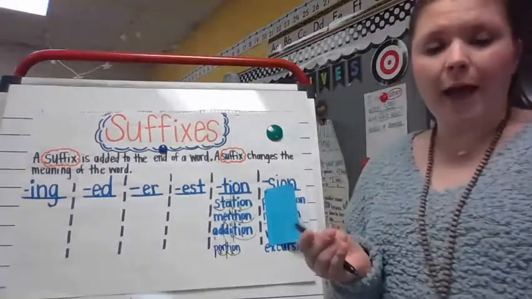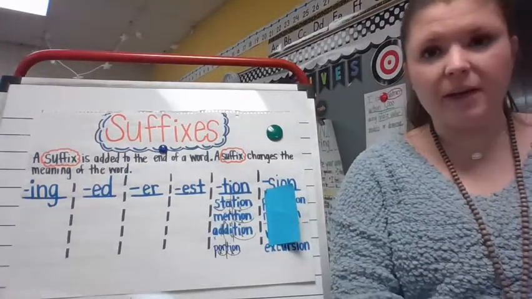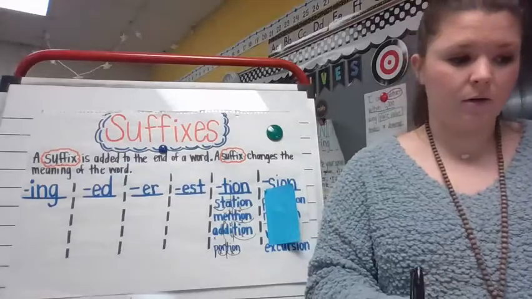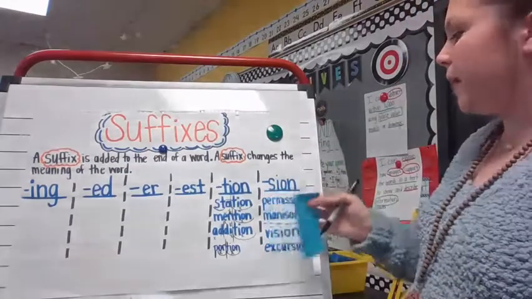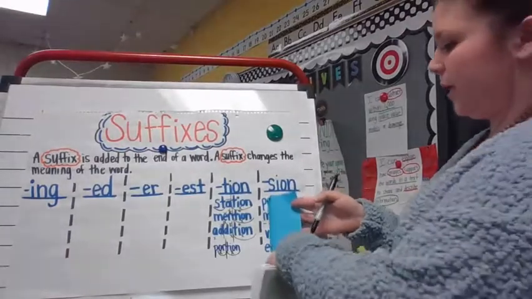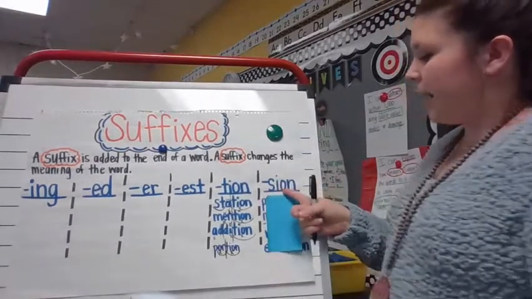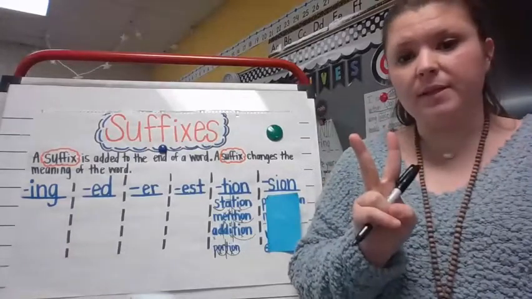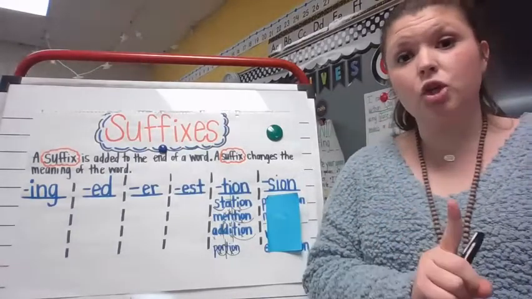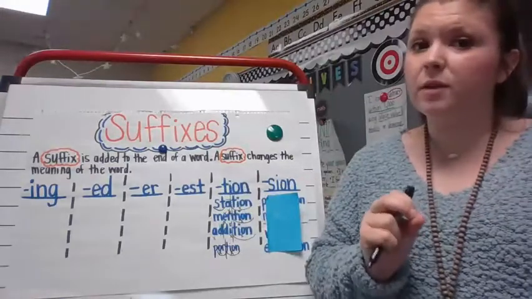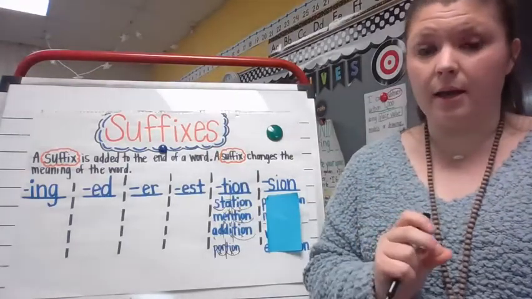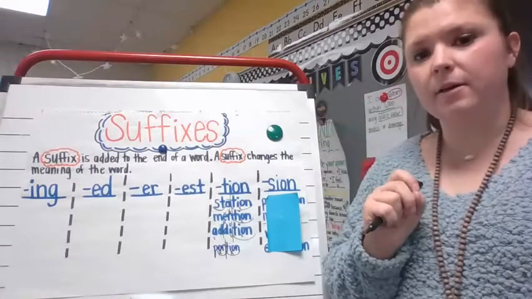Now we're going to look at another suffix. Remember, suffixes come where in the word? At the end. This suffix is spelled S-I-O-N. The S-I-O-N suffix can have two sounds. It can say shun, just like T-I-O-N, but it can also say zun. Okay, and we'll look at that second sound in a minute.